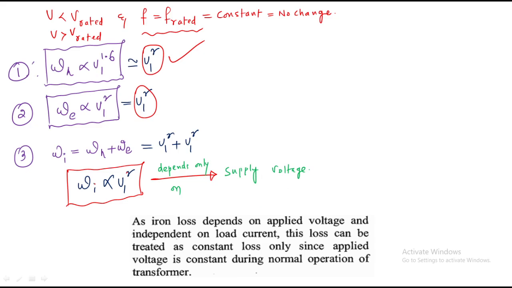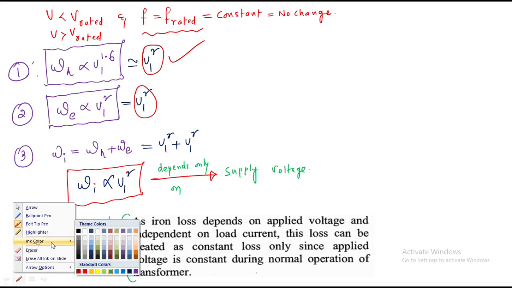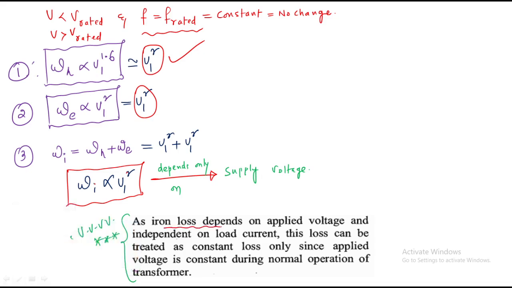So this is a very, very important point. What is that point? As iron loss depends on applied voltage and is independent of load current, this loss can be treated as a constant loss, since the applied voltage is constant during normal operation.